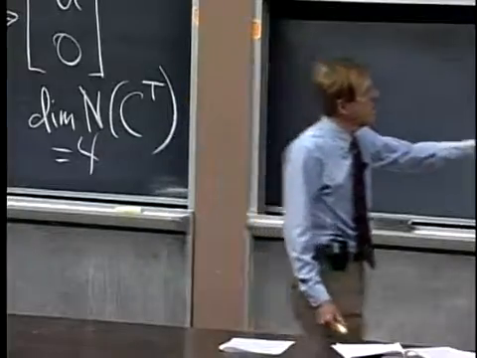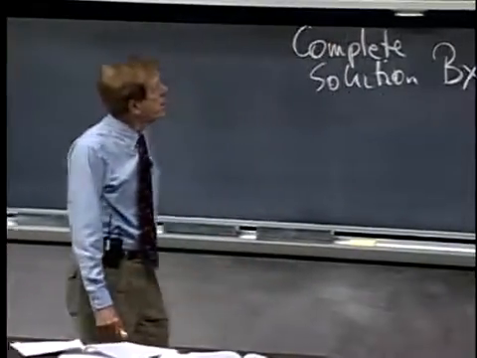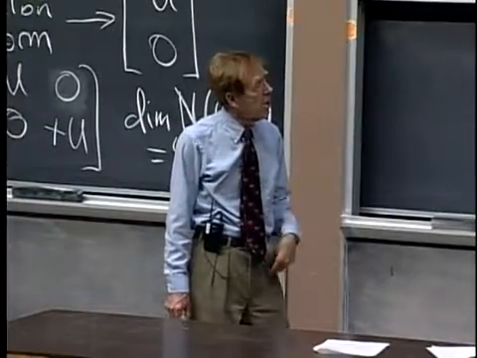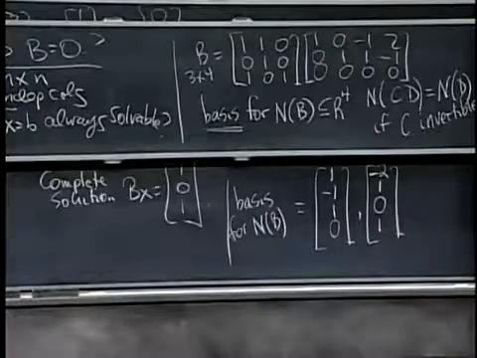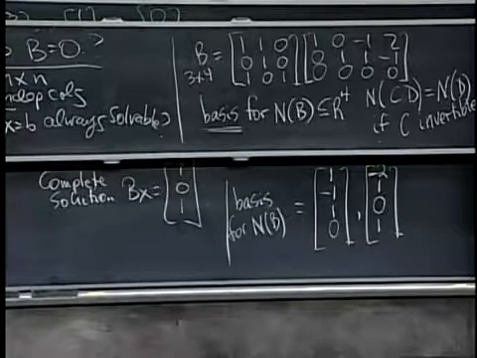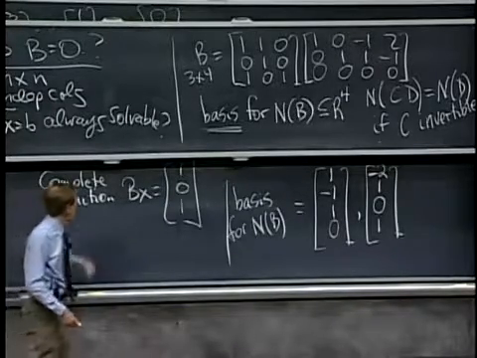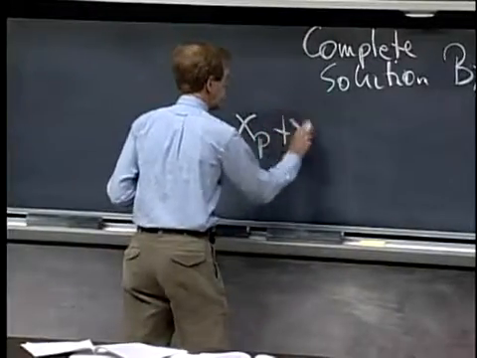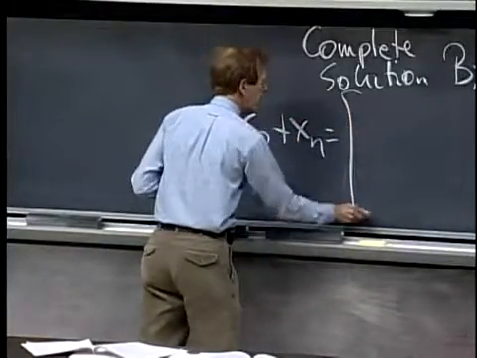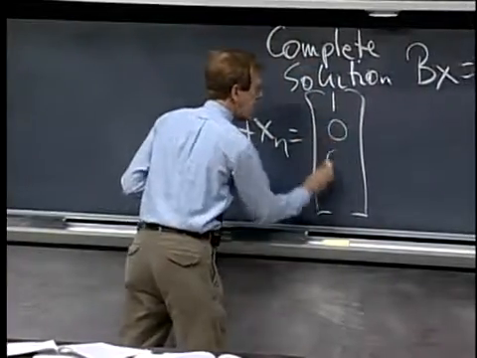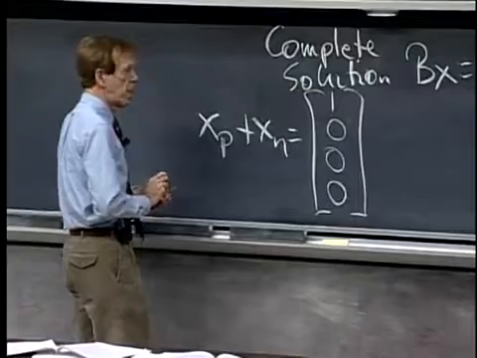Okay, actually the first column of B, what's the first column of our matrix B? It's the vector 1, 0, 1. The first column of our matrix agrees with the right-hand side. So I'm thinking x particular plus x null space will be the complete solution. Since the first column of B is exactly right, that's great.